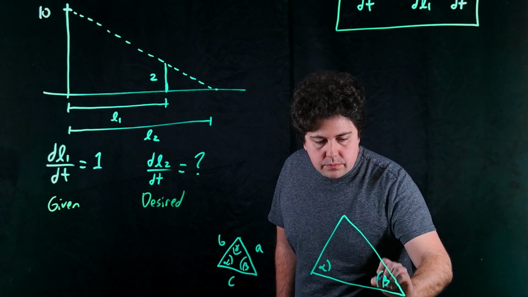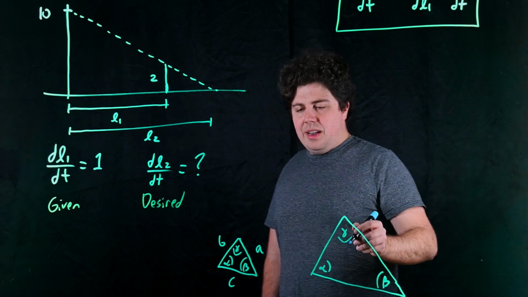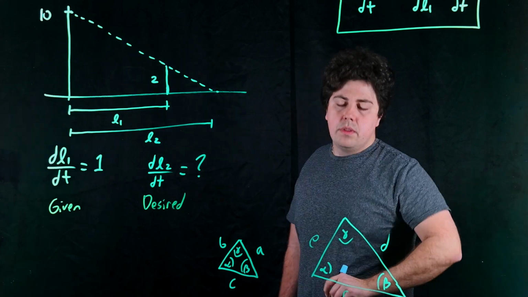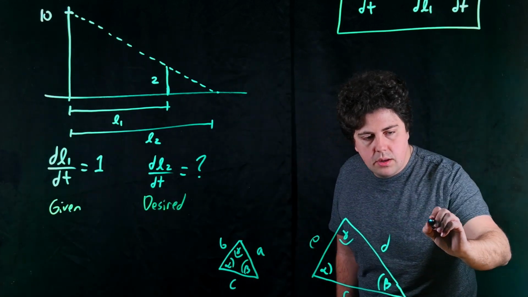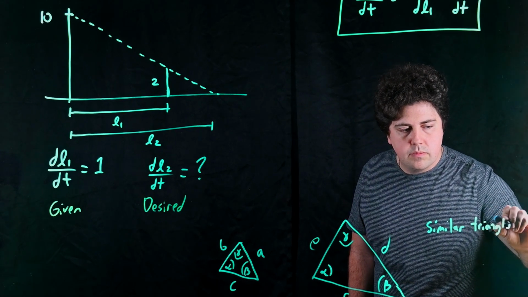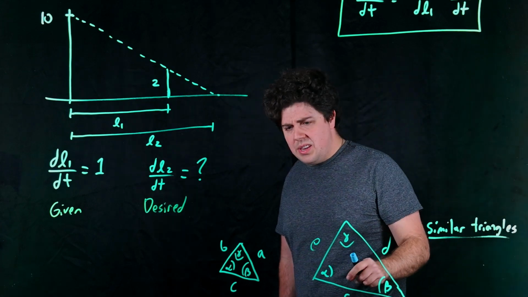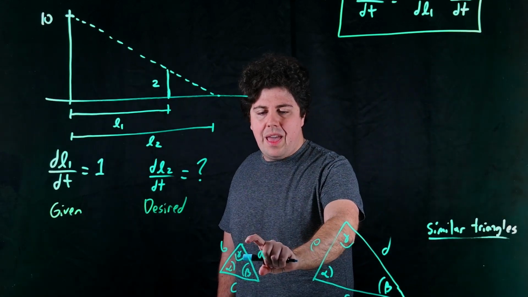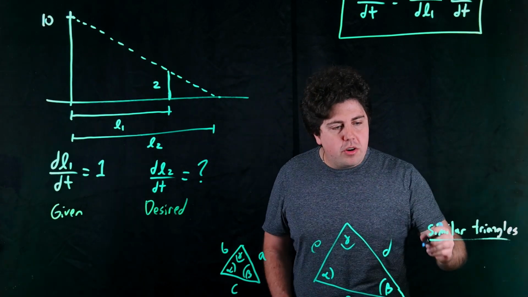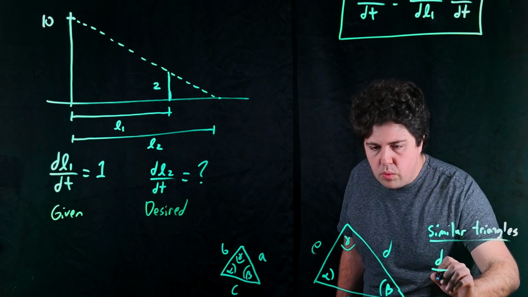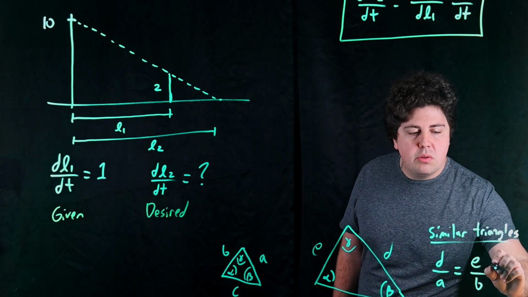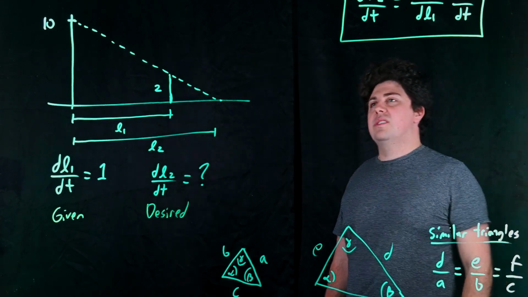And let's say that its side lengths are D, E, and F. So what similar triangles says is that the same factor that requires you to scale up A to D is the factor that requires you to scale up B to E. And one way to write that is that D over A is equal to E over B. Of course, this is also equal to F over C for the same reason.